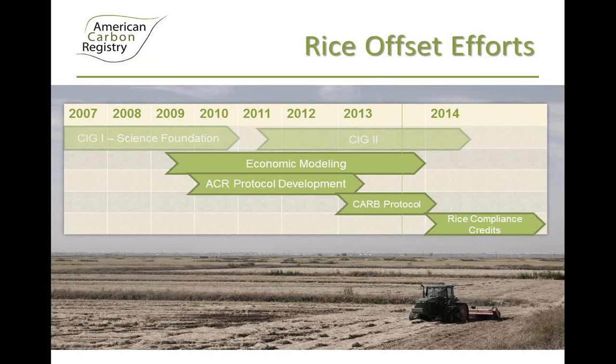Switching from our first CIG to our second CIG, we expanded from California to include the Mid-South, and Nick will tell you specifically what states we focused on there, and the further development of 2 modules to 1 protocol, 1 for California and 1 for the Mid-South, and that is actually open for public comment right now.